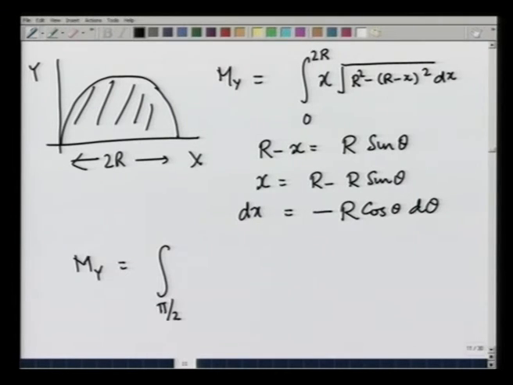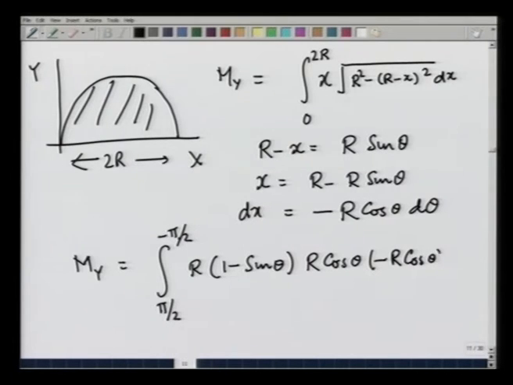When x equals 2r, sin theta is going to be minus 1, and therefore, theta is going to be minus pi by 2. x equals r times 1 minus sine theta, times square root of r square minus r minus x square, which is going to be r cosine of theta, and then for dx I have minus r cosine of theta d theta.